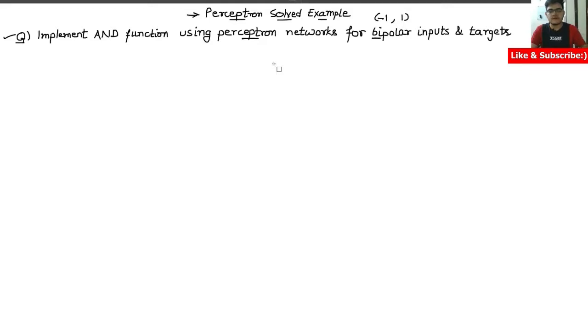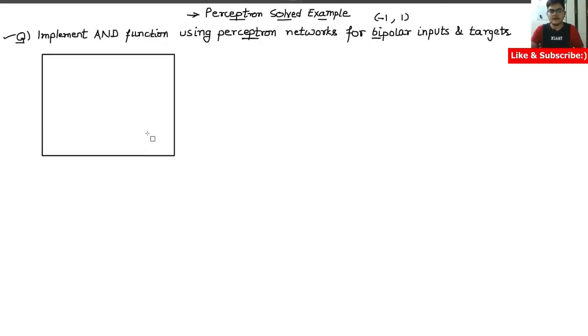So let's try to make a table here, and in this table I will try to write all the inputs and the outputs. From this question itself we will have to see what the inputs are. So bipolar means we will actually have two inputs, x1 and x2, and the target will be a 1 or -1, right?